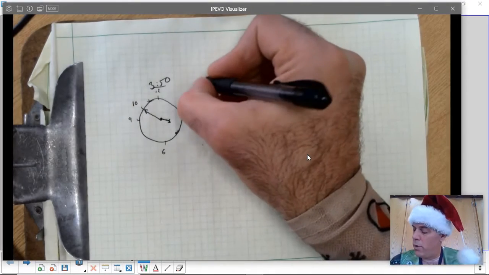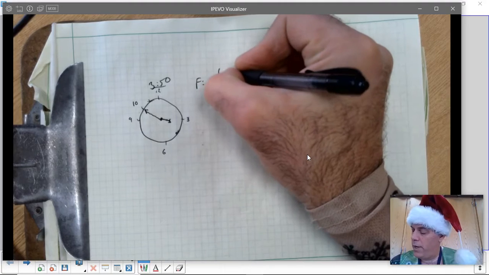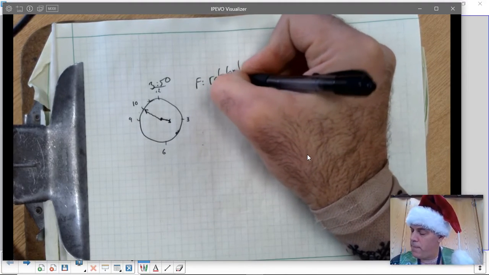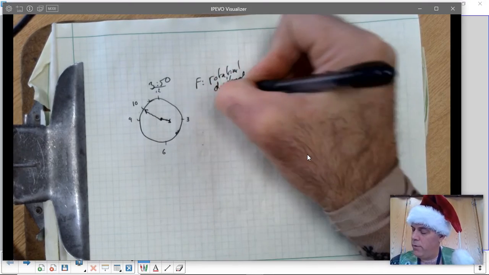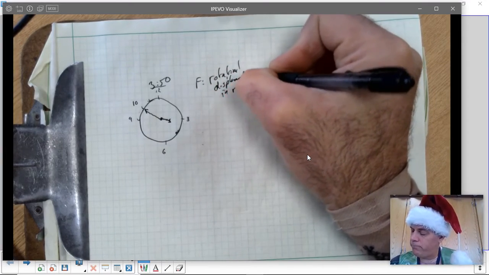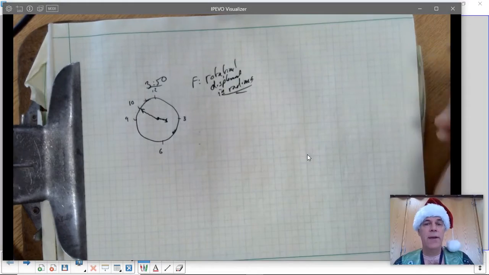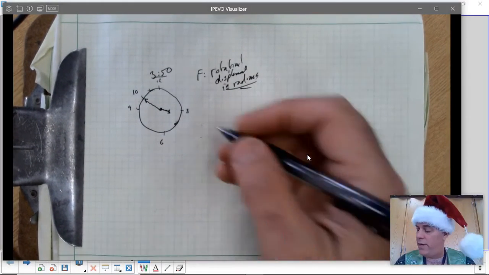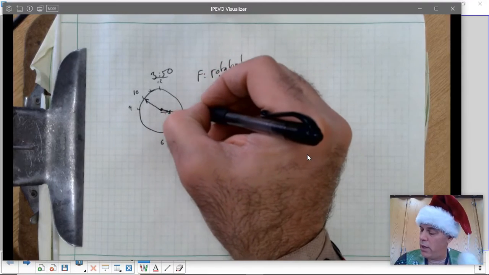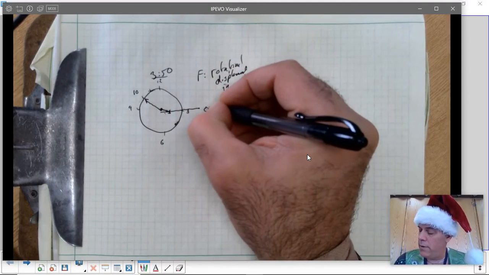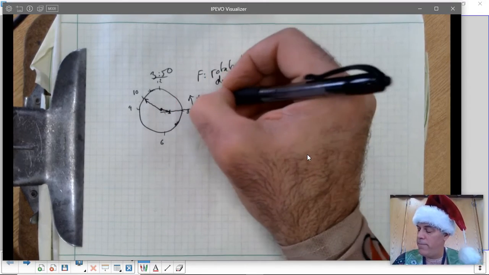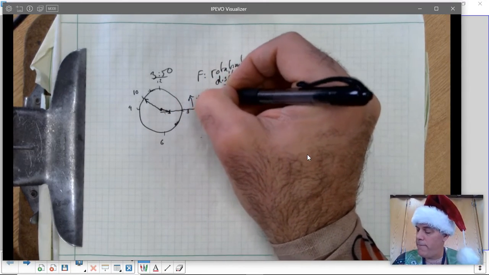Okay, so we're going to find rotational displacement in radians. Okay, in radians. Now, your book uses the same convention that your math class does, calling the horizontal line here 0. Okay, that's 0. And this is the positive direction, positive.